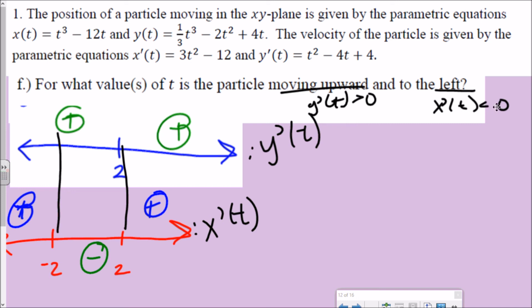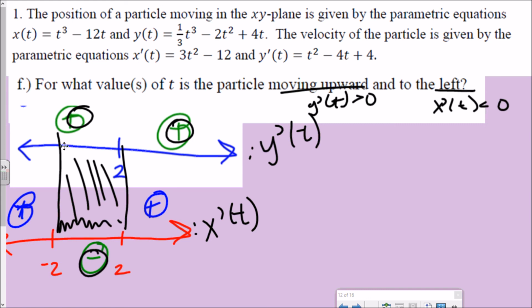So I'm looking for where it is moving up and moving to the left, which means my y prime of t has got to be positive, so I'm looking for these guys here, and my x prime of t has to be negative, so that's this guy here. So the only place where these correlate, where both are happening at once, is from -2 to +2. It's this area right here. All that time from -2 to +2, y prime of t is positive and x prime of t is negative.